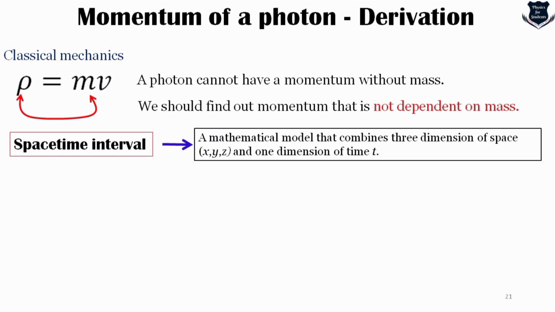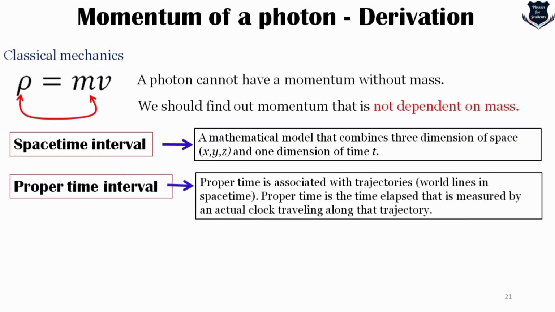A mathematical model that combines 3 dimensions of space and 1 dimension of time together is called a space-time interval. We also have one concept which is called proper time, and proper time is associated with trajectories, which are called world lines. However, we won't use the term world line for this part. Proper time is the time elapsed that is measured by an actual clock traveling along the trajectory.